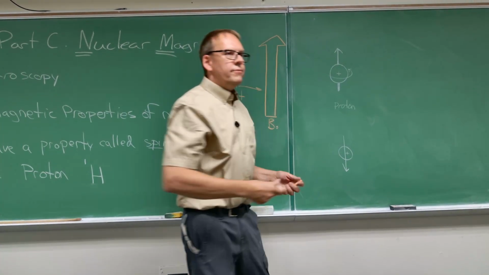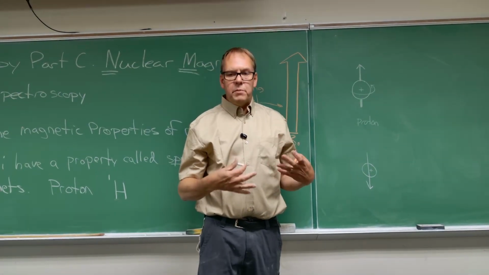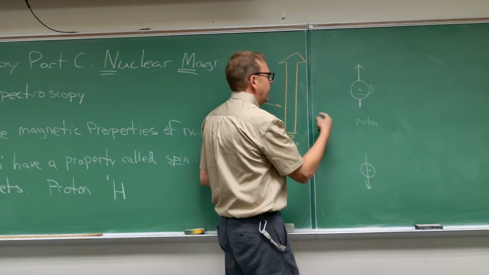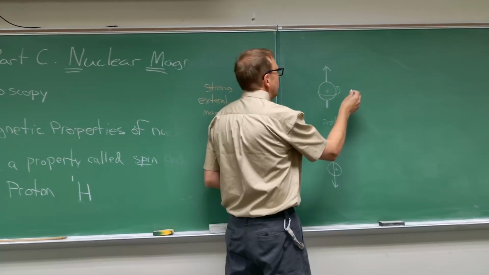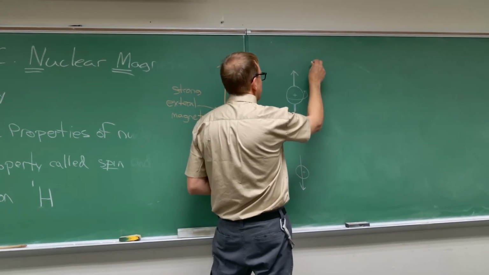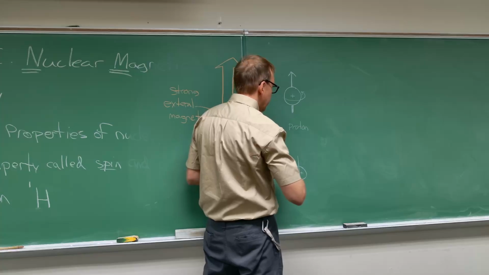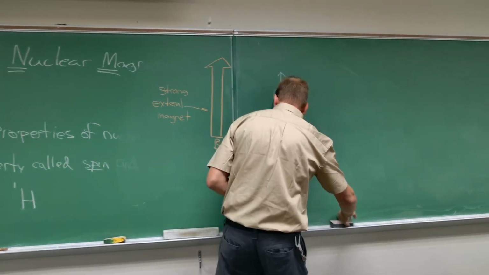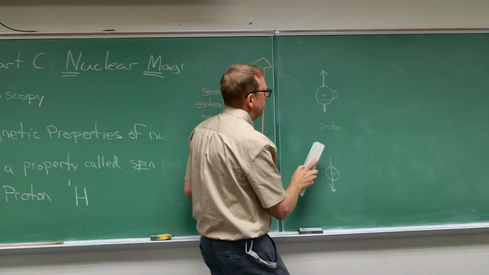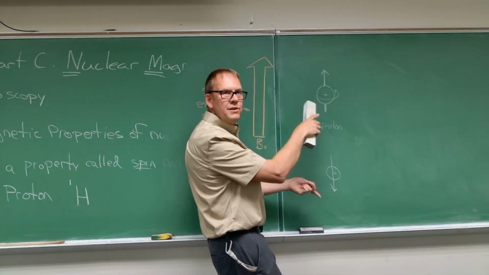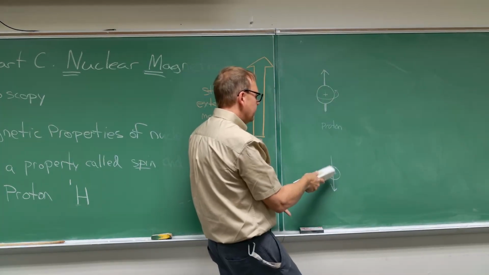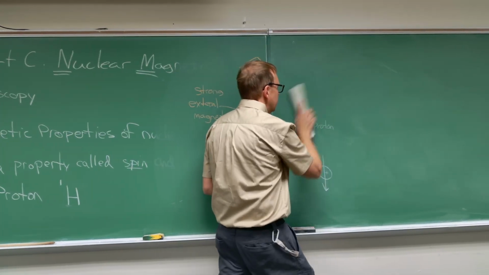So we have two different names for these different spin states. When it's up and aligned with the magnetic field, this is called the alpha spin state. Actually, what I think I want to do here is draw these flipped around. So bear with me for a minute. I'm going to switch the direction of these things because I want this one to be down here and I want this one to be up there.